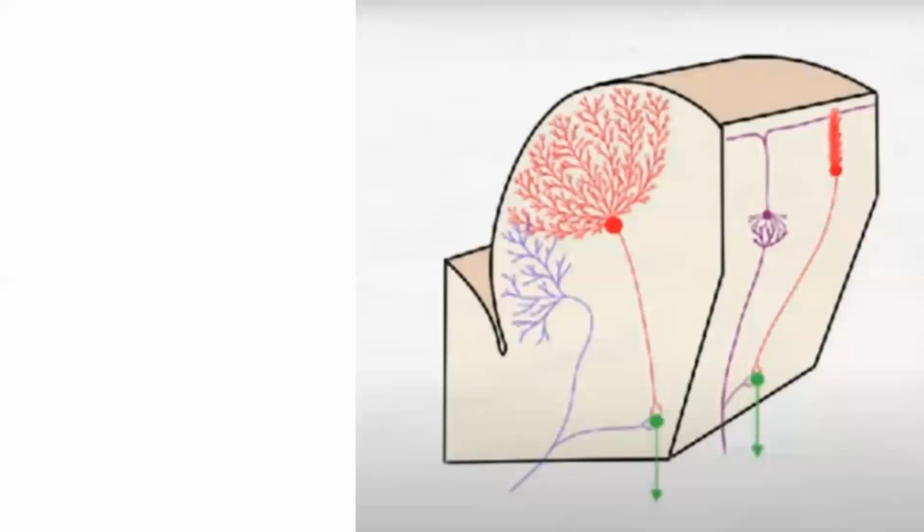Looking at a slice of the cerebellar cortex, we see that when information is sent to the cerebellum, it takes an indirect path to reach extensively branched cells called Purkinje cells. These cells interact with other cell types to create a circuit that is repeated in parallel, like the pages of a book.